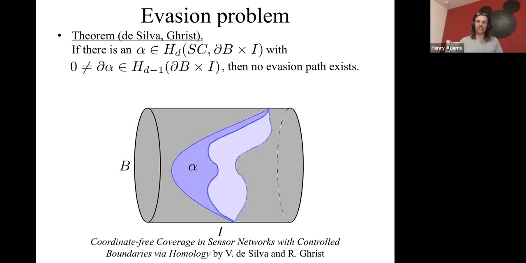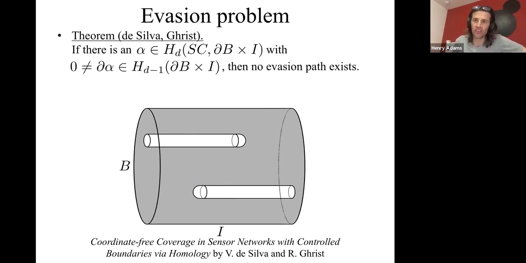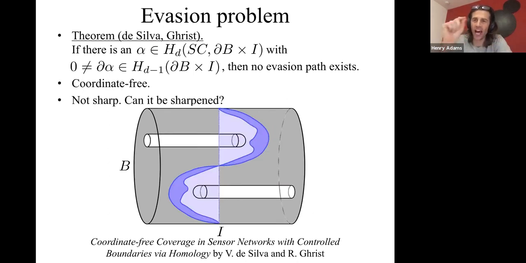So one way that you could guarantee that there's no evasion path is if you could find this blue sheet alpha in the covered region that separates the beginning time from the ending time, because you could prove that there's no evasion path here by finding this blue sheet alpha. And then any intruder would have to pass through this blue sheet alpha, and so they'd never be able to get through without being seen.